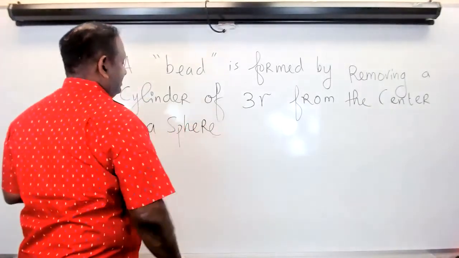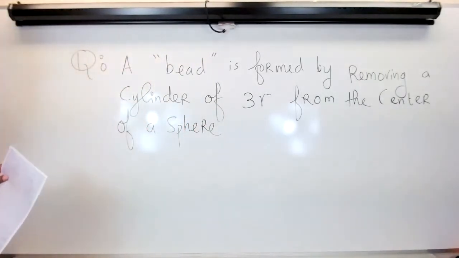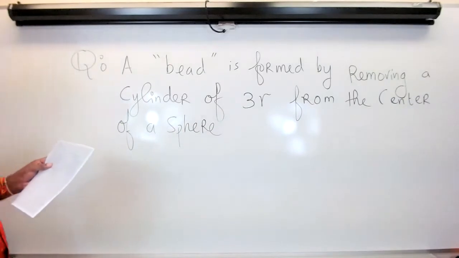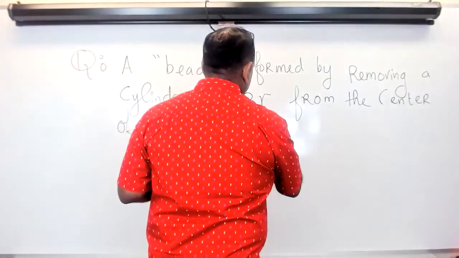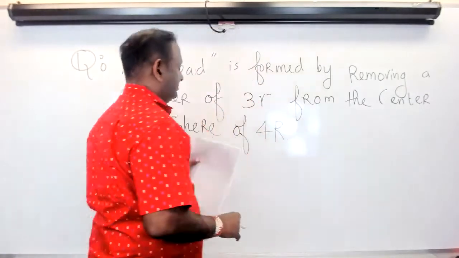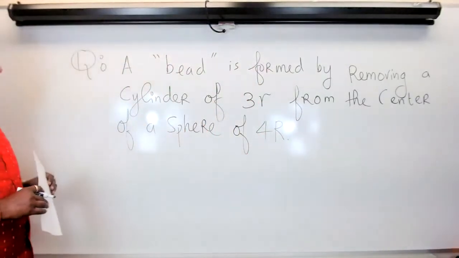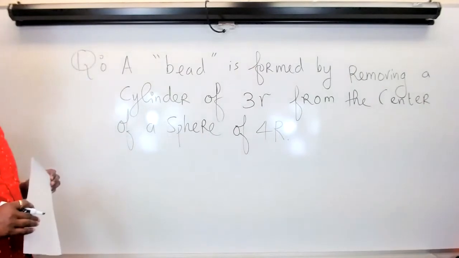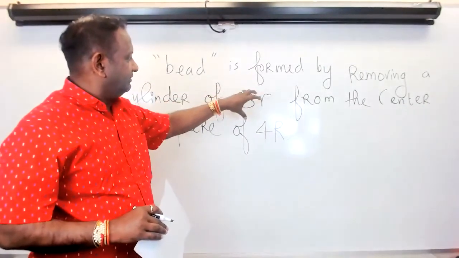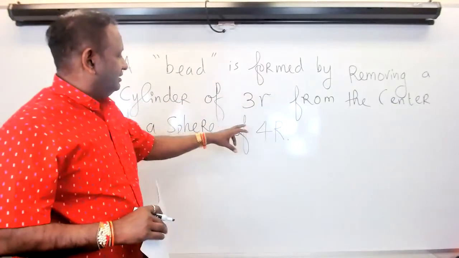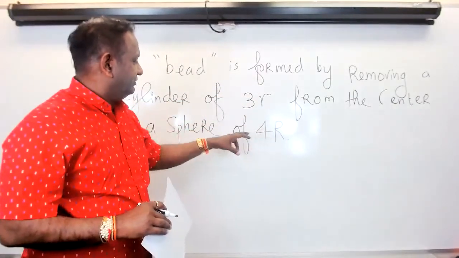Even the sphere is completely characterized by its radius of 4R, uppercase. Careful, this is a little bit of a tricky question. Here we have 3r. This whole thing is the radius of the cylinder, and this whole thing is the radius of the sphere.